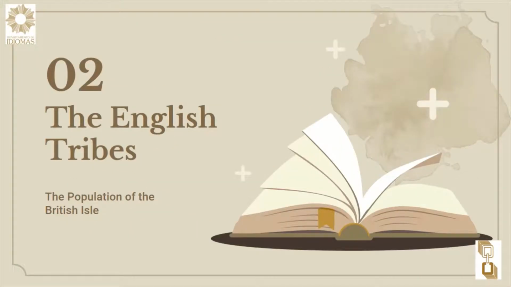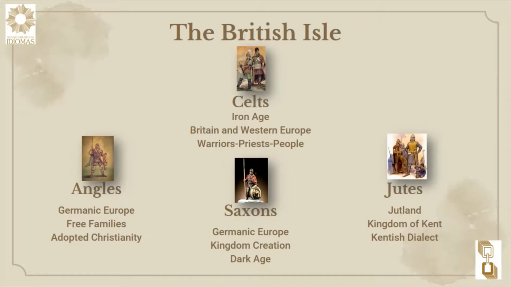Well, to talk about the English tribes, we have to first set ourselves in the context of the British Isles. The original population of the British Isles were the Celts. The Celts were the indigenous group of the English people, and there are records that track their history to the Iron Age.